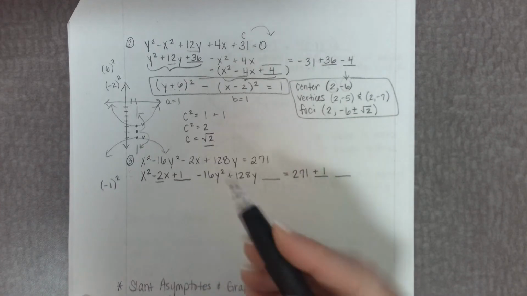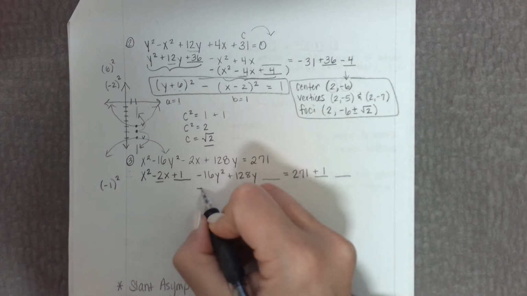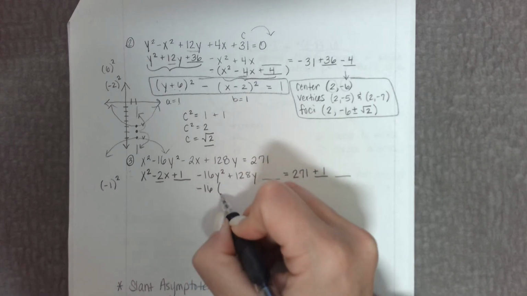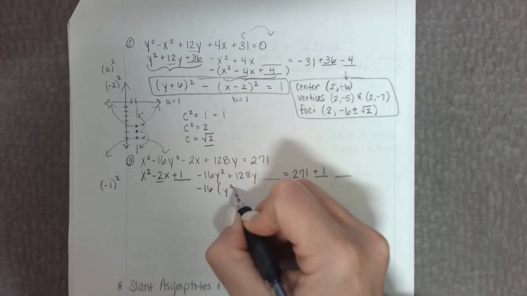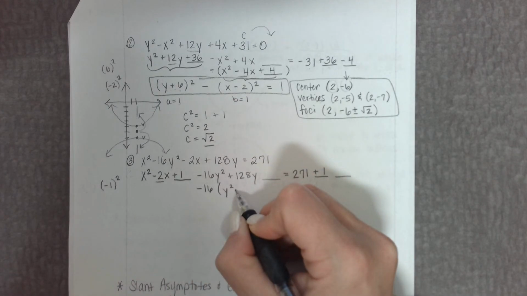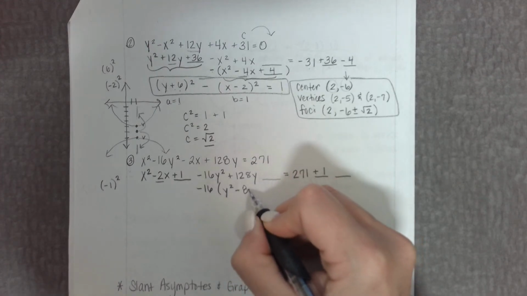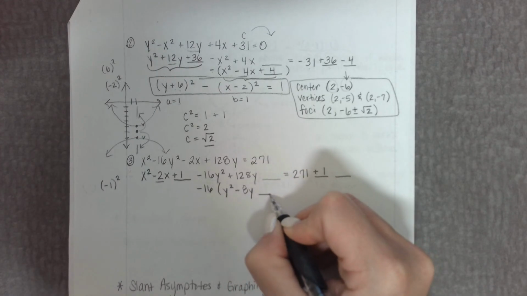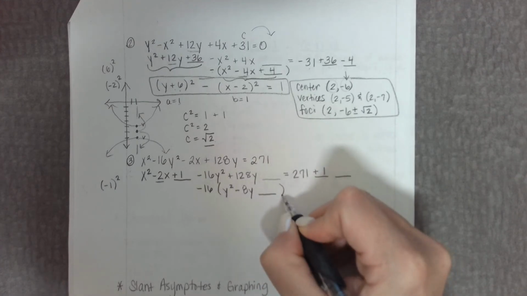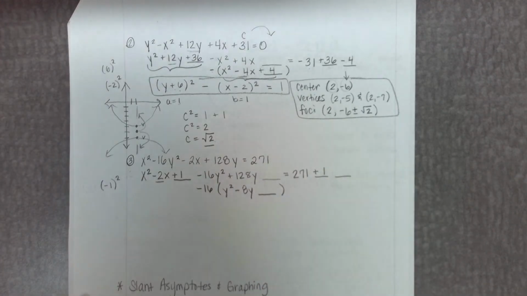So before I do this, I've got to get that negative 16 out. So we're going to pull the negative 16 out, which makes this y squared minus 8y, and then leave a space to complete the square there.